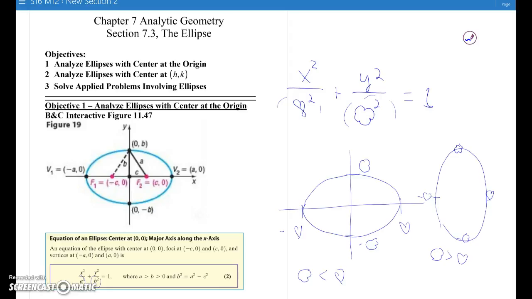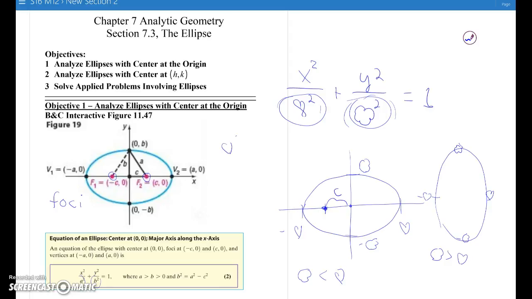Now, ellipses also have special points called focus points. There's two of them. So the plural is F-O-C-I, which you can either say foci or foci. Both are correct. So there's a special relationship between these denominators and the distance from the center to the focus point. So this distance is called c.